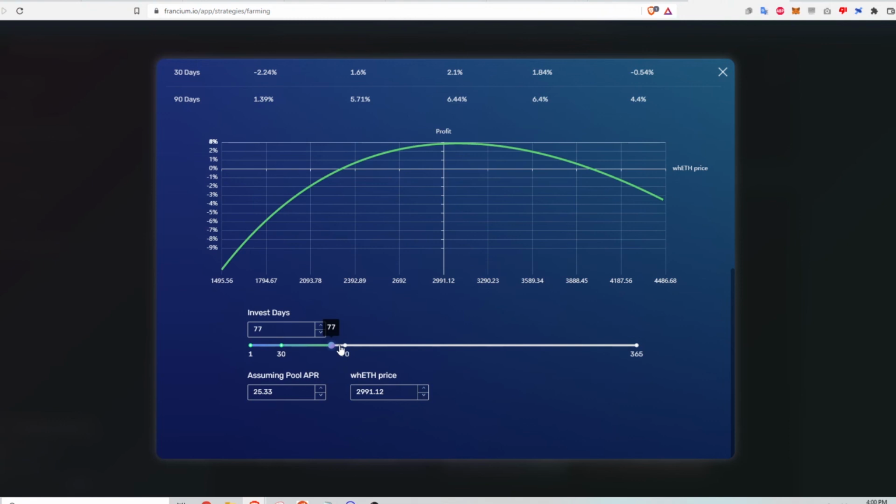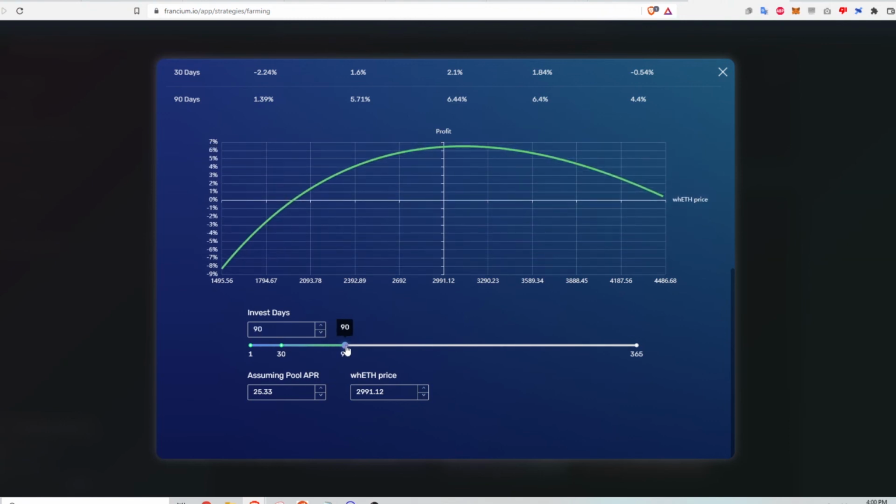I can play around with this to see how investing in a longer time frame would affect my profit. So if I increase it to 90 days, I'm much more likely to return a profit because I'm staying in the strategy longer, and I'm getting more and more trading fees back as rewards, as return from the liquidity pool.